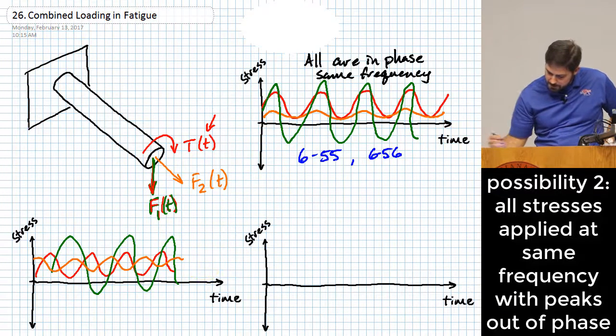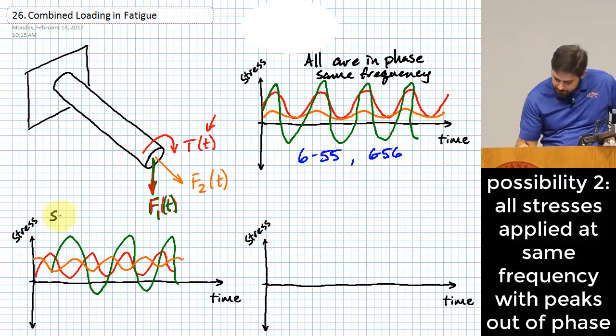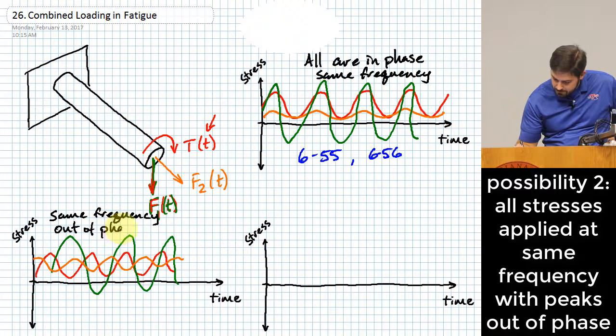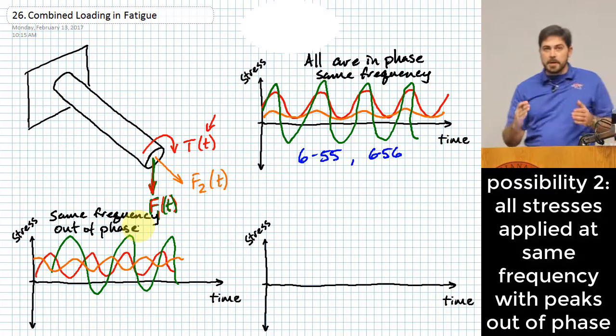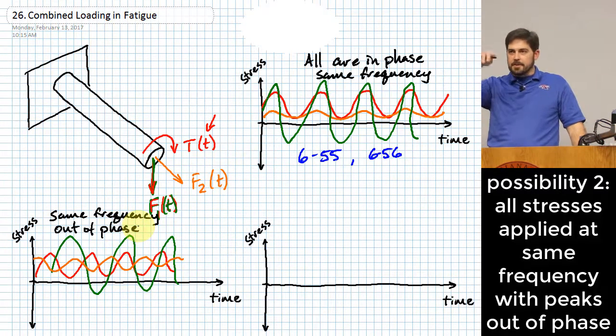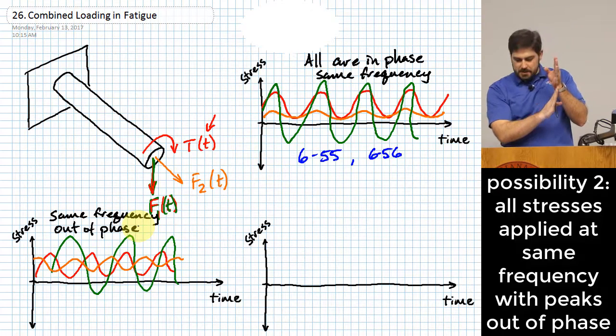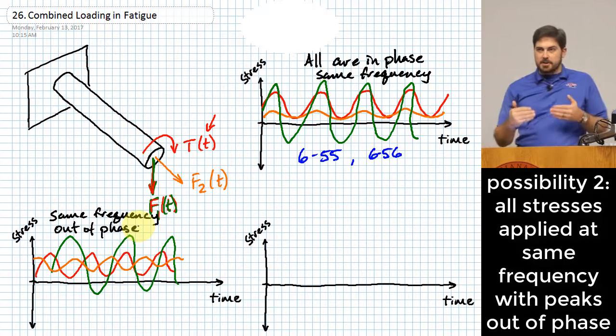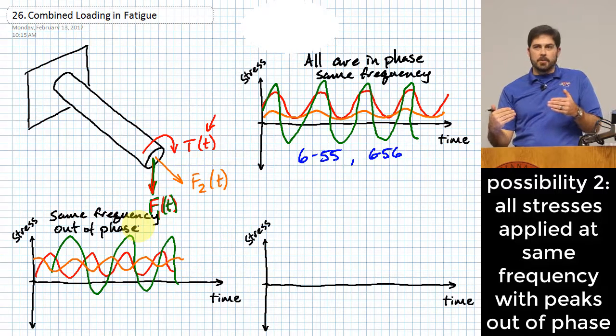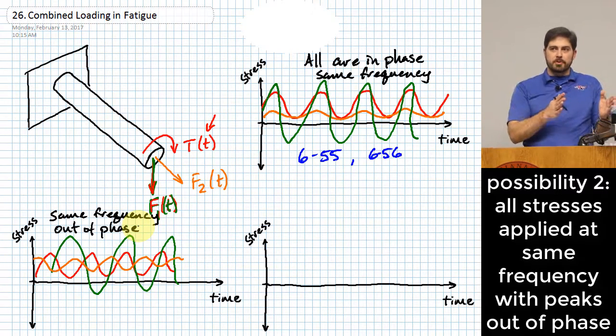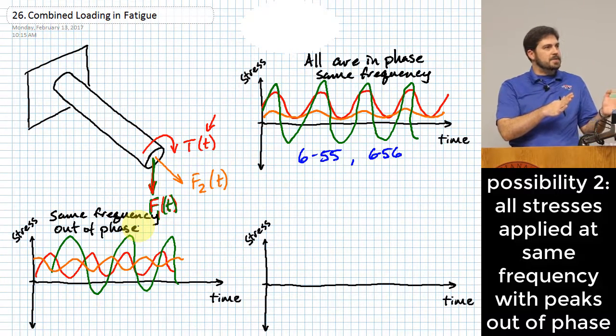Okay, yeah. So this is basically same frequency, but out of phase. That means that the peaks of these waves don't actually line up with one another, right? And so where you might have your worst case in terms of bending, that might not be where you have your worst case in terms of torsion or the worst case in terms of axial.